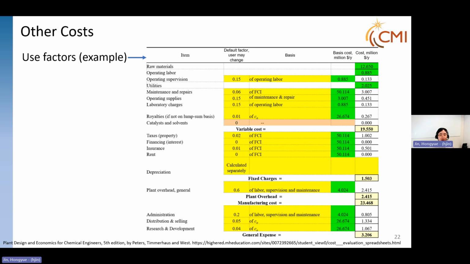And don't forget about taxes, financing, interest, insurance, overhead, administration, etc. The same spreadsheet link can help us estimate these factors. And again, there are many different factors available from different references.